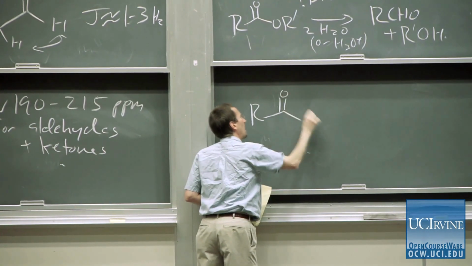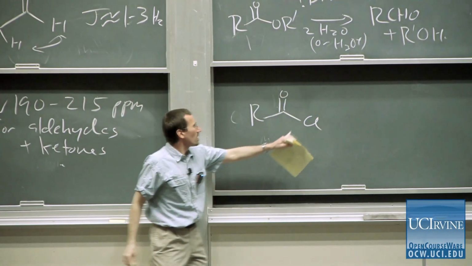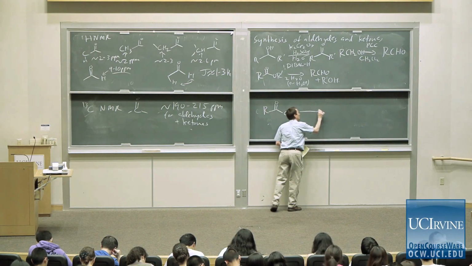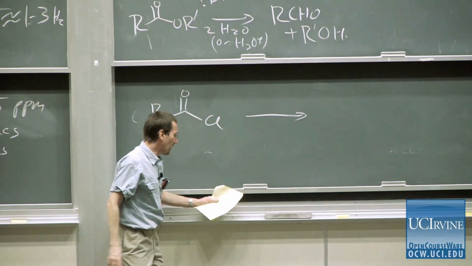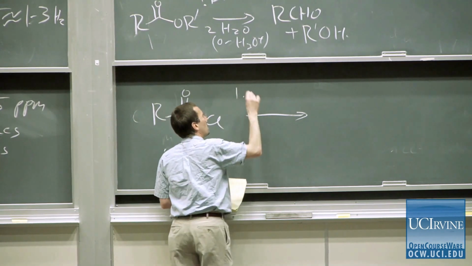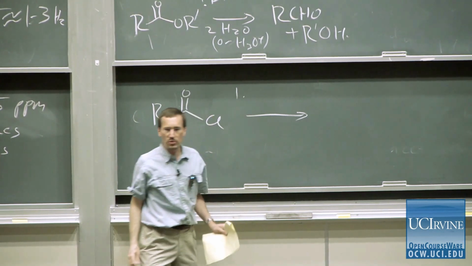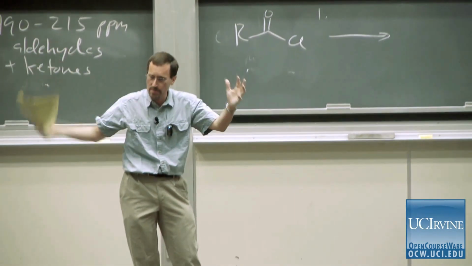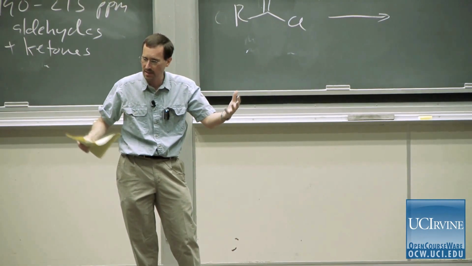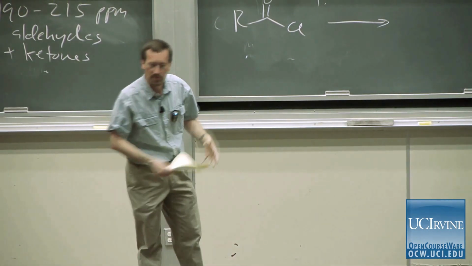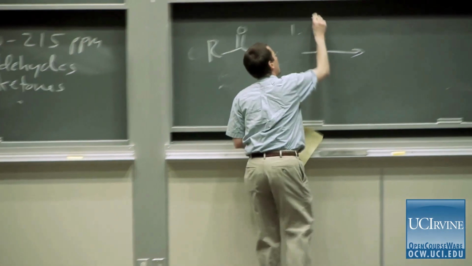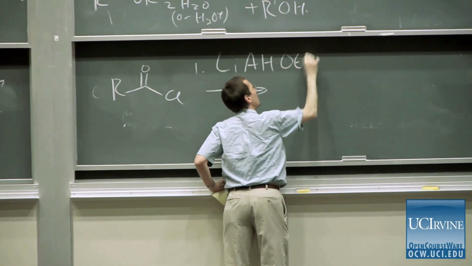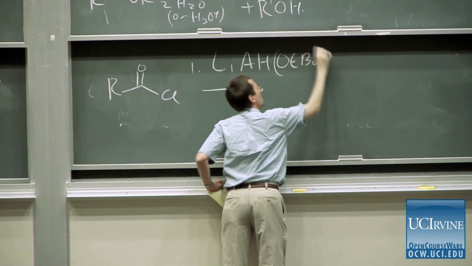You can selectively reduce the acid chloride down to an aldehyde with a very attenuated form of lithium aluminum hydride. Lithium aluminum hydride in which we've added 3 equivalents of tert-butanol to get this very bulky, very non-reactive lithium tri-tert-butoxyaluminum hydride, LiAlH(OtBu)3.